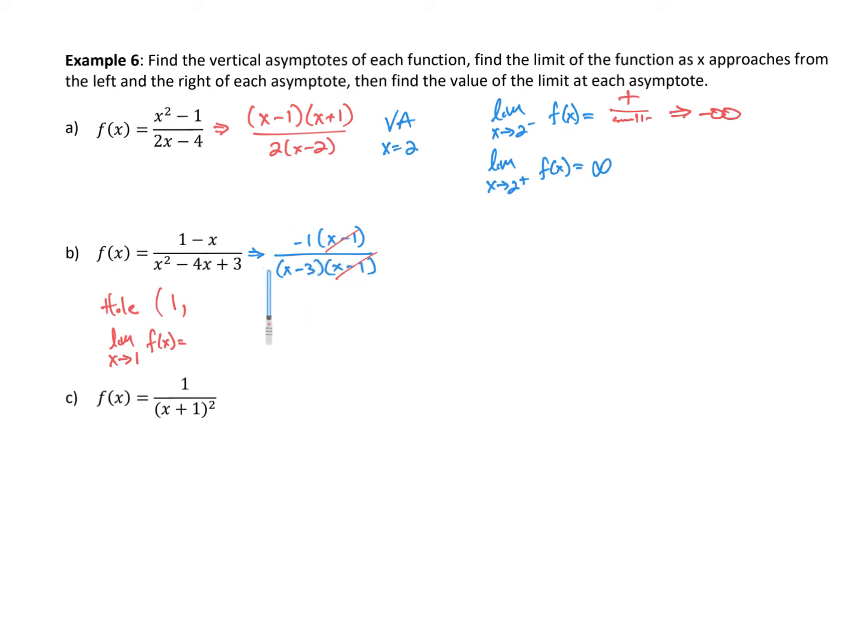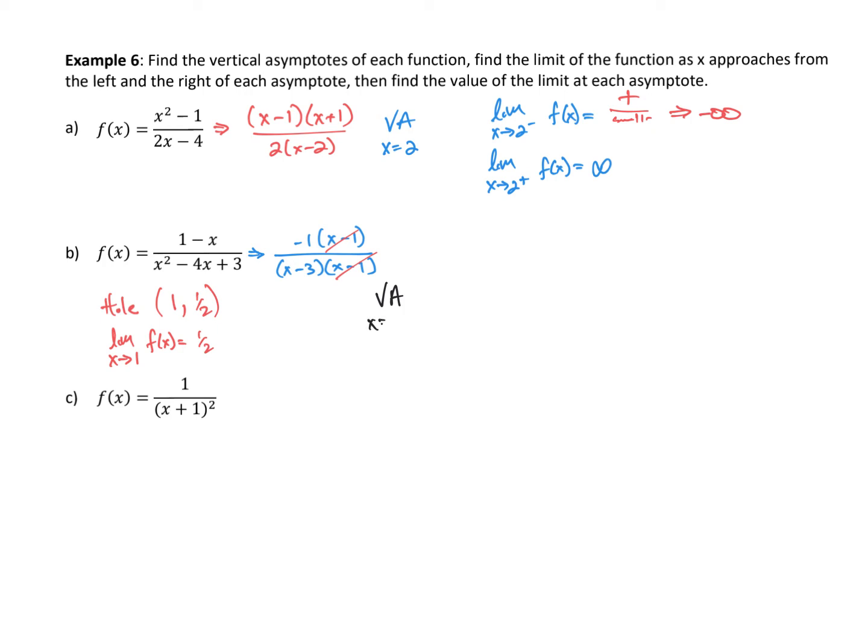So now if we substitute in 1 here, I get negative 1 over what? Negative 2, which is negative 1/2... so my limit, I'm going to have a hole at 1 comma 1/2. Remember doing that the first day? That's what we did the first day. All right, so now we're talking about vertical asymptotes today. Where do I have a vertical asymptote?